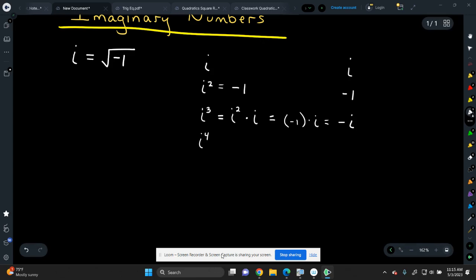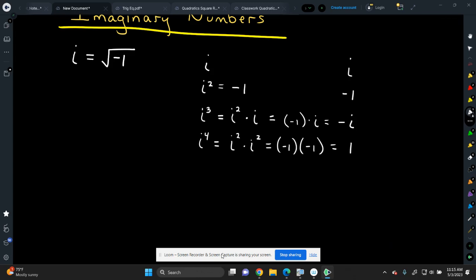How about i to the fourth? Let's write that as i squared times i squared. Remember, when we multiply, we add the exponents. So this is i to the fourth. Well, what's i squared? Negative 1. So negative 1 times negative 1, what does that equal? Good, that equals 1.